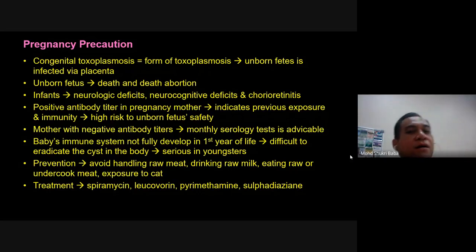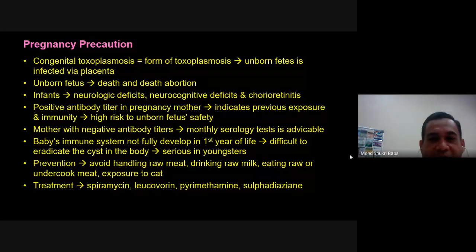This is how the safety of the fetus in the womb may be threatened. So monitoring among pregnant mothers is very important. For a mother with a negative antibody titer, a monthly serology test is advisable. A pregnant mother with a negative antibody titer is not necessarily safe, so we have to do monitoring. That is why a monthly serology test is highly advisable.